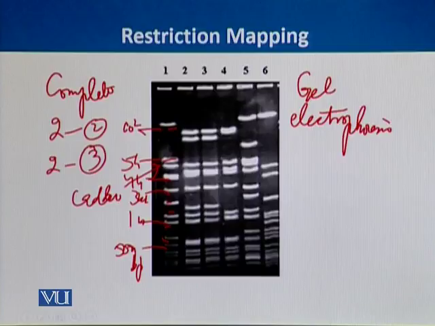And in other wells, the scientists run the product of the complete digestion. In complete digestion, they will find two bands. One will be at location 2 and we compare it here, and one will be at 3, because the two bands will overlap with each other.